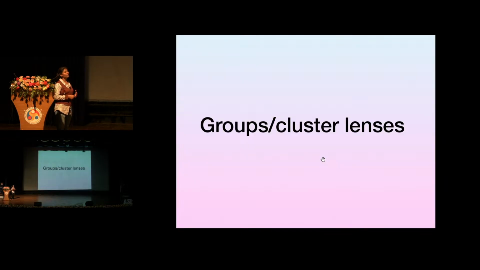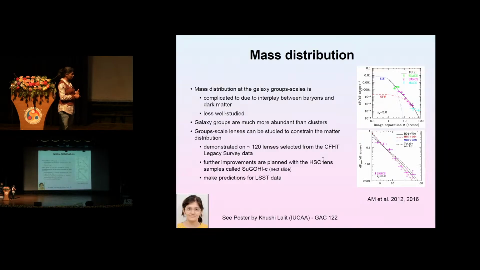So now moving on to the other area, which is the group and cluster scale lenses. Here I am interested in looking at the mass distribution. For example, talking about the galaxy group scales, these are relatively less well studied. There is interplay between baryons and dark matter in these systems, so they are fairly complicated.